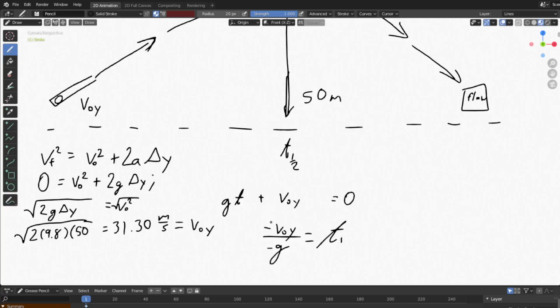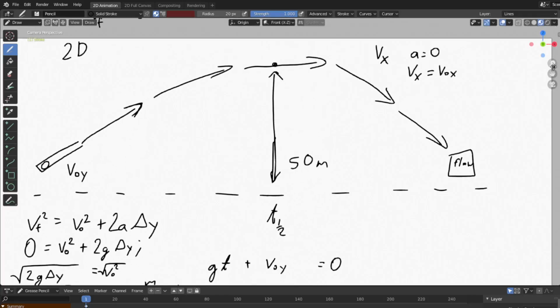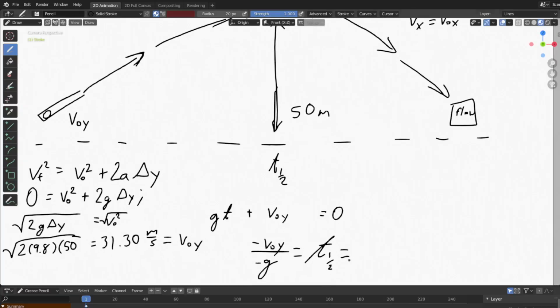I was going to say vertex, but it would just be t of v. So we're going to say t of 1/2, because that's the thing that I said earlier, which is equal to 31.30 divided by 9.8 equals, well, if it isn't our good old number from this problem with the same exact measurements, 3.2, well, actually, because this isn't the final answer, we're not going to round it, 3.19 seconds.